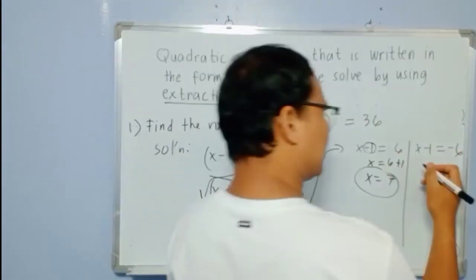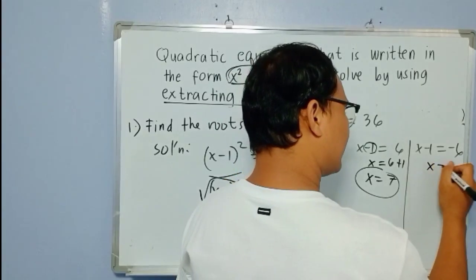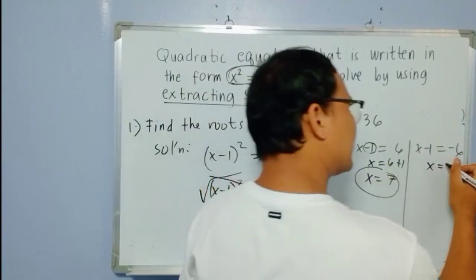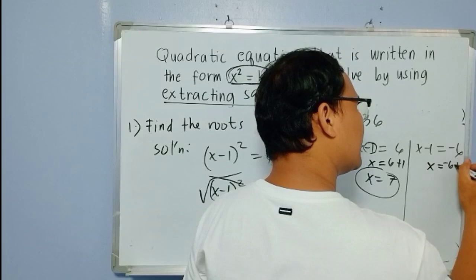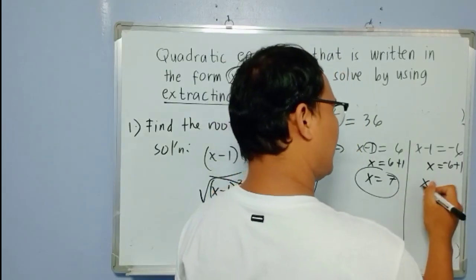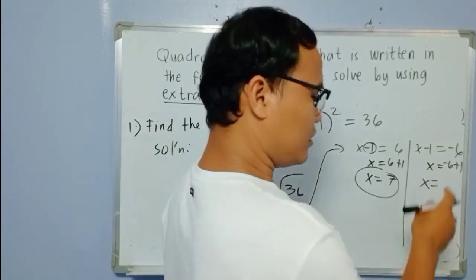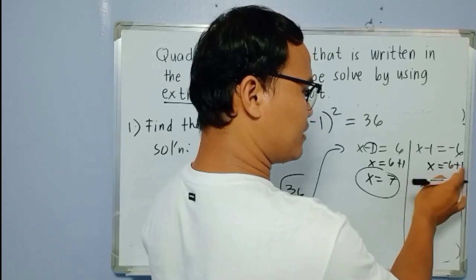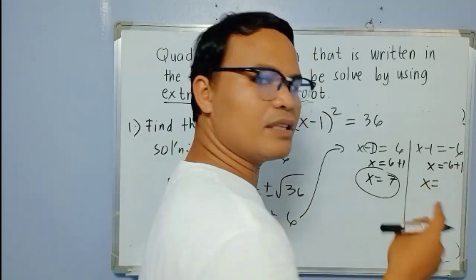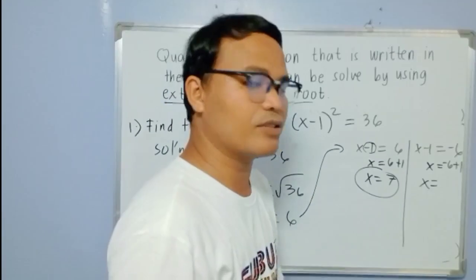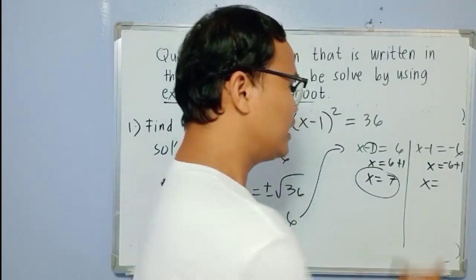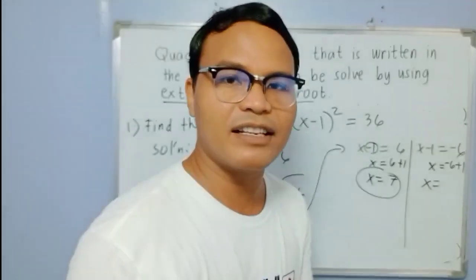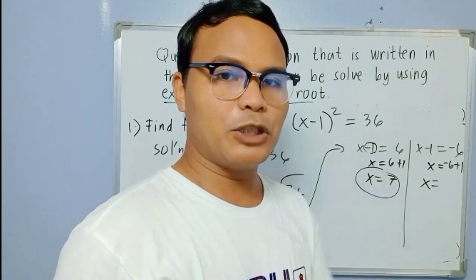Here, same process. Si x talaga ang maiiwan dito. No? Negative 1 magiging plus 1. x equals, now, here, negative 6 plus 1. The two integers having different signs. So the rule of adding integers, if the two integers have different signs, we are going to subtract the two integers.